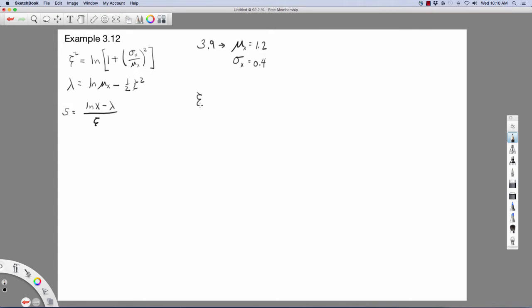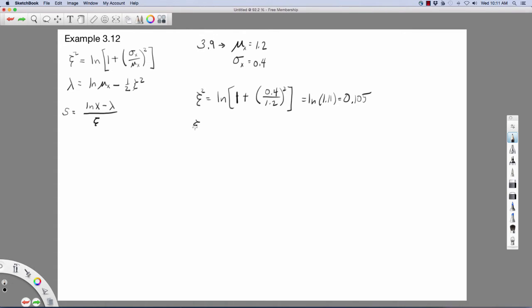So zeta squared is going to be equal to the natural log of 1 plus this coefficient of variation squared, which is the standard deviation, 0.4, divided by the mean of 1.2. We square that, and we end up with the natural log of 1 and change, which is equal to 0.105 for zeta squared.